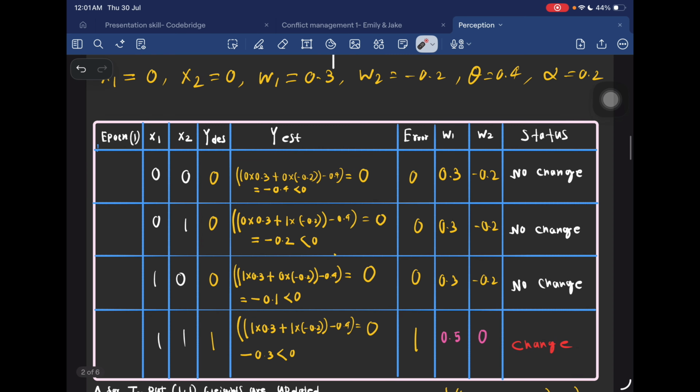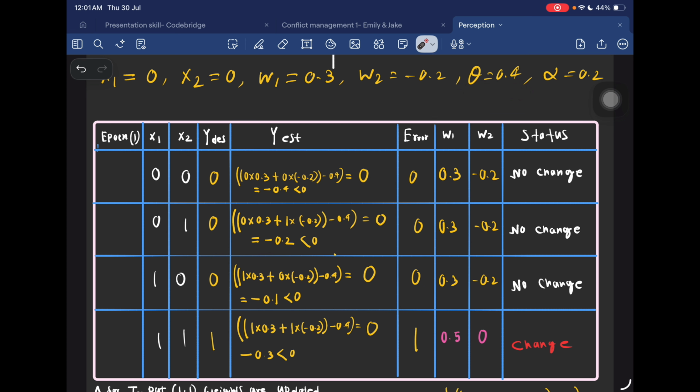In the first epoch, x1 and x2 are 0 and the desired output is 0 also. So our estimate result is the first feature times the first weight, 0 times 0.3, plus the second feature times the second weight, minus 0.2, minus our bias 0.4, and the outcome is minus 0.4.